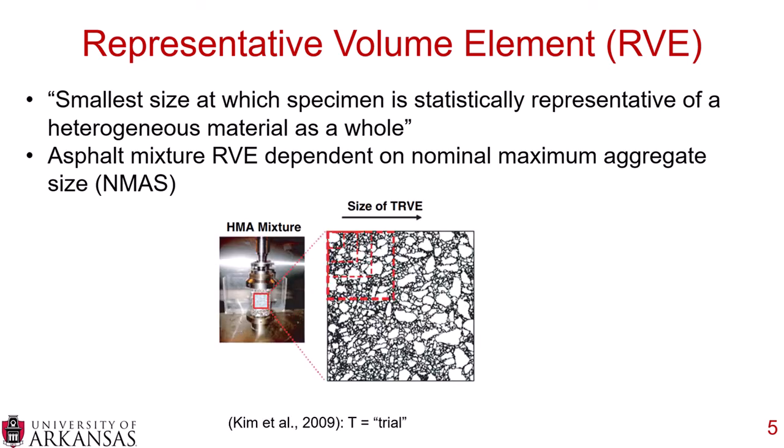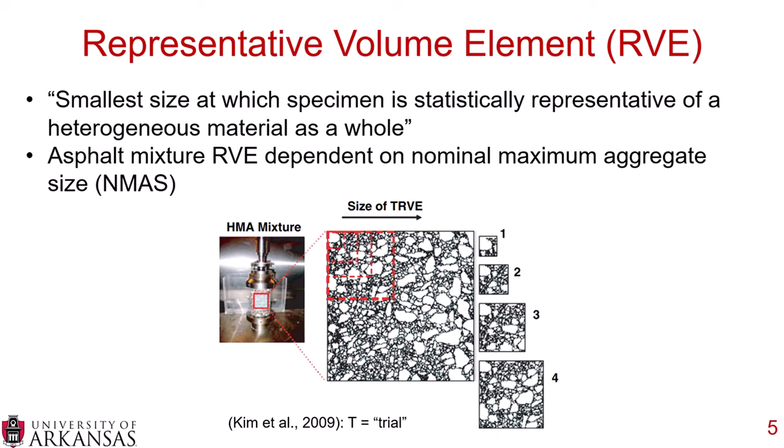This is shown very nicely here by a paper by Kim et al. in 2019, showing a test sample in the testing chamber, zooming in on that test sample and looking at the TRVE, which they called the trial representative volume element. If you look at these 4 different grids, you can see how the aggregate is different sizes within these grids.